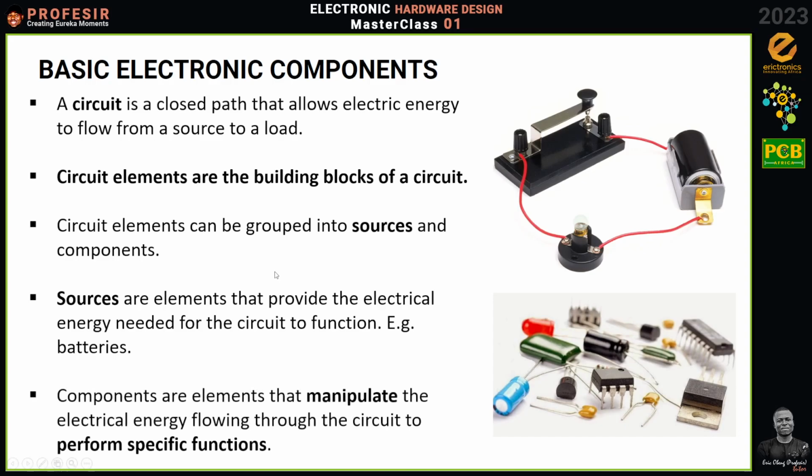Components are all the rest of the circuit elements that manipulate or use up this energy. It's as simple as that. You are a source when you are capable of providing energy, you are a component when you are capable of using or manipulating this energy.